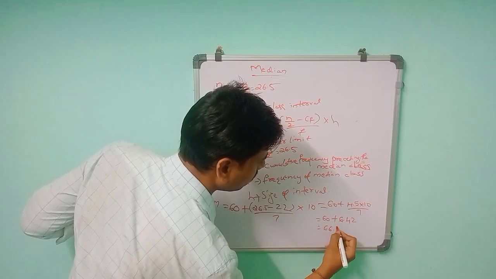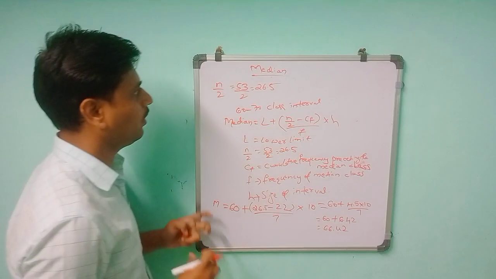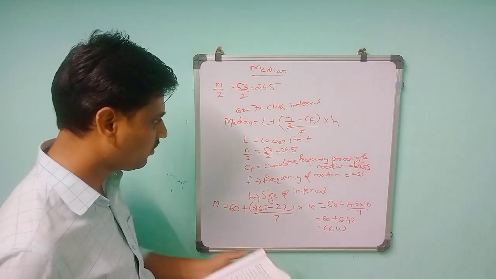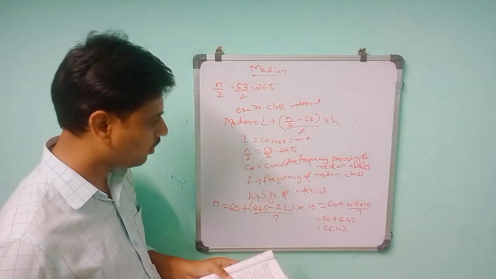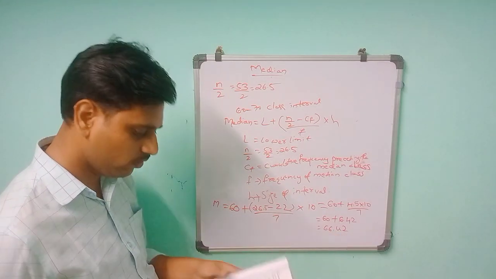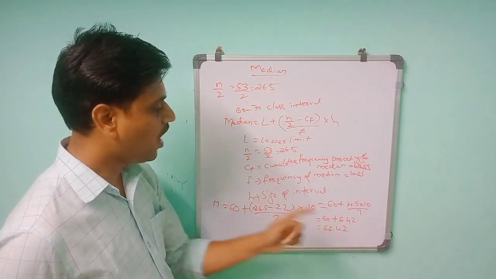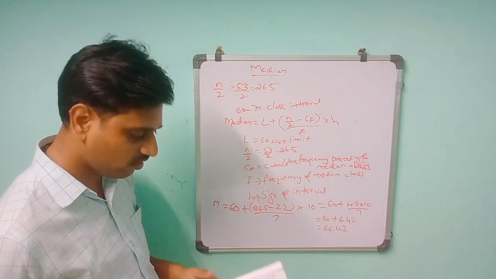This will give 66.42. So the median of the score will be 66.42, approximately. It means that half of the students scored below 66.42 and half the students scored more than 66.42 marks.